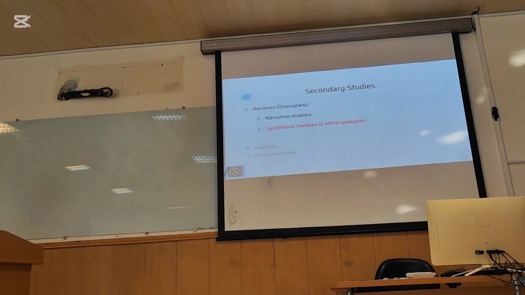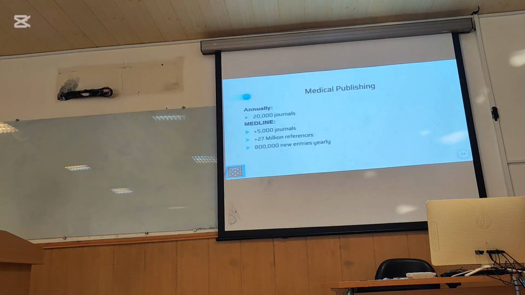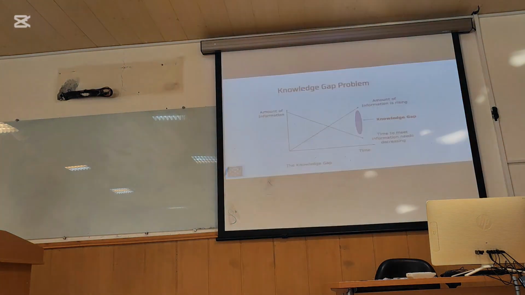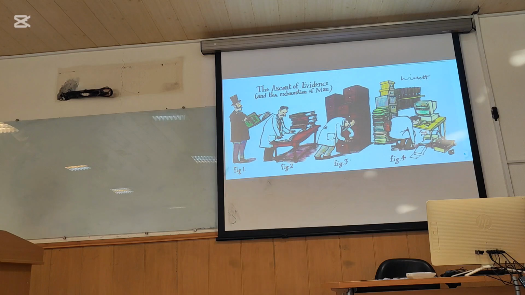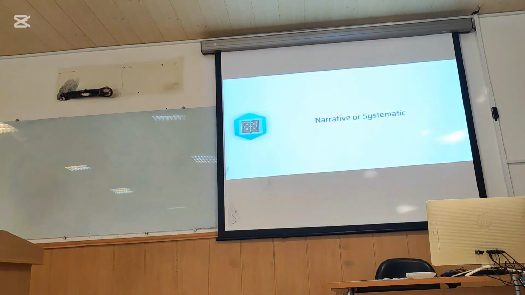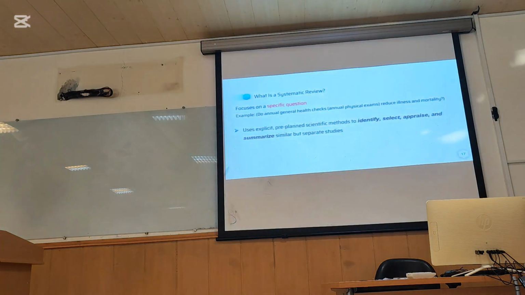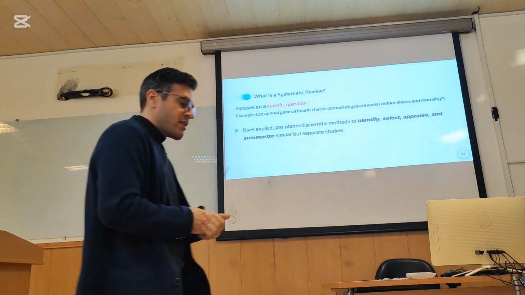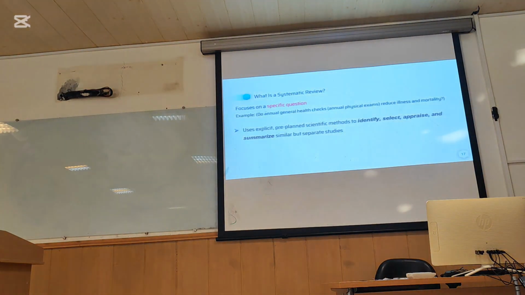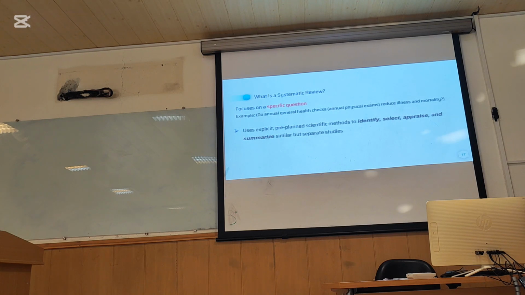For example, formulating the question. After that, we should search all databases to find published articles, and then we should extract some data from these published articles, and finally we should appraise the quality of the study.